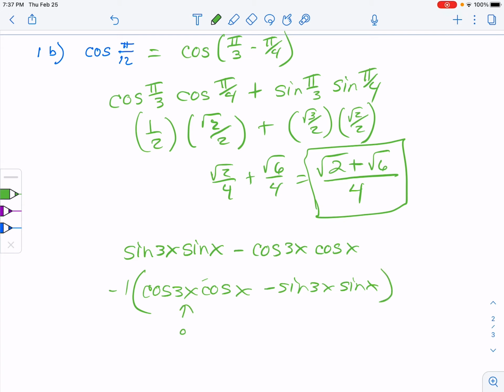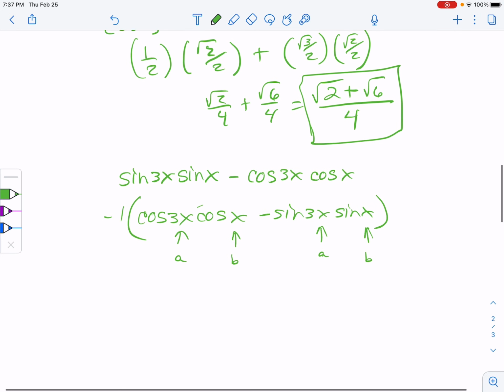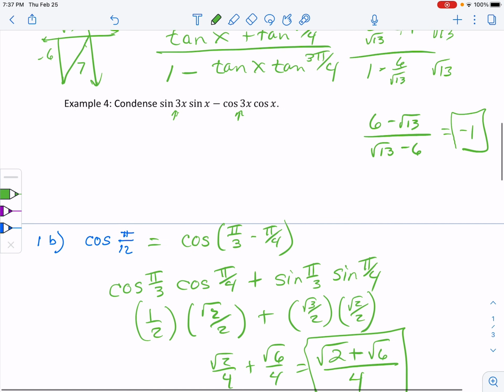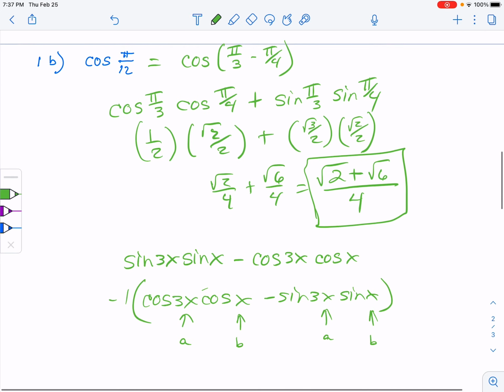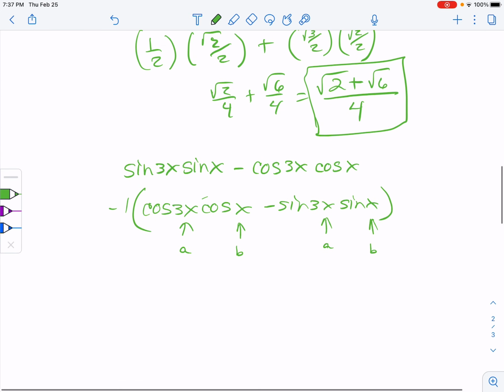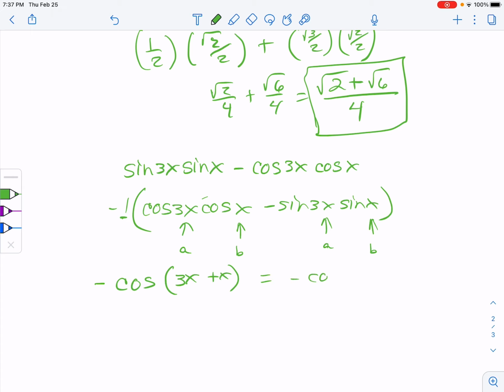That's angle A, that's angle B, angle A, and angle B. So it's cosine, cosine, sine, sine. It tells me it's the cosine of the two angles, and since you're subtracting them, this one has to be adding. So I'm looking for the negative, because here's my negative, cosine of 3x plus x. So that equals negative cosine of 4x.